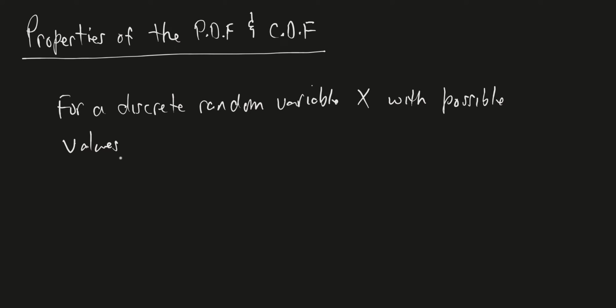Now remember, again, with a discrete random variable, it can be finite or countably infinite. So let's go for the countably infinite case, right? So let's say the values are like x1, x2, x3, dot, dot, dot, and so on. But again, these are isolated, distinct values that have gaps between them. That's what distinguishes a discrete from a continuous random variable, right?